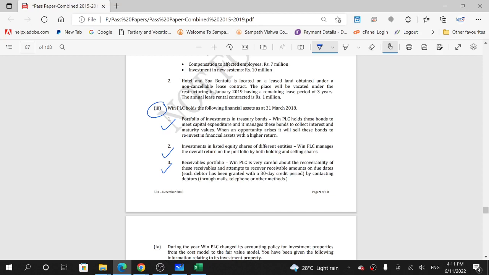Okay, write down. Business model is to hold the receivables until they become due and receive contractual cash flows.